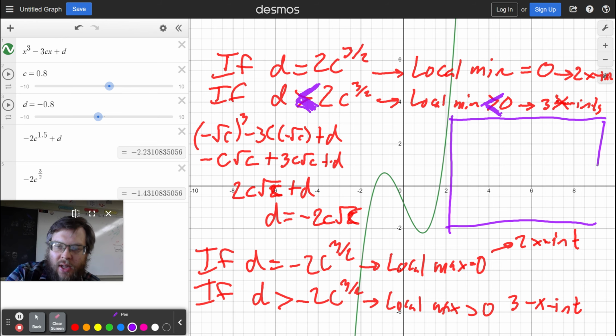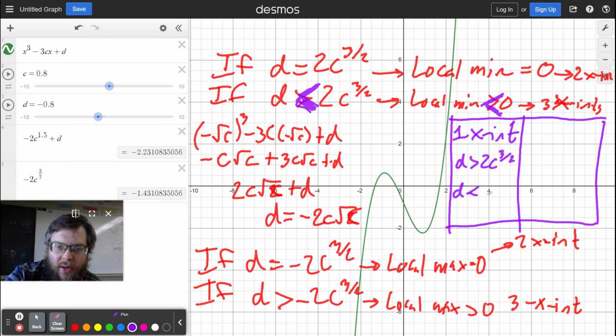So if I want there to be 1 x-intercept, then there's 2 possibilities. d could be bigger than 2c to the 3 halves, or d could be smaller than negative 2c to the 3 halves. If there's going to be 2 x-intercepts, then I need either d to equal 2c to the 3 halves or d to equal negative 2c to the 3 halves.